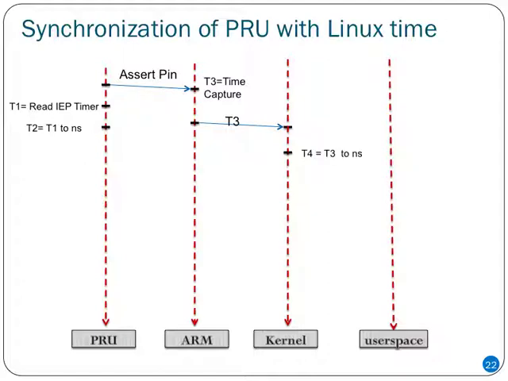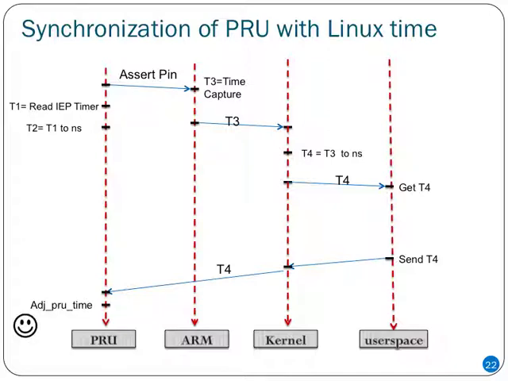We have here a kernel module that converts this value to a nanosecond. Then we will send this value to the user space. Now the user space will send back this T4 to the PRU. Now the PRU has two values, the T4 and the T2. Now it's the two timestamps of this common event. Now the PRU can get and adjust the time.